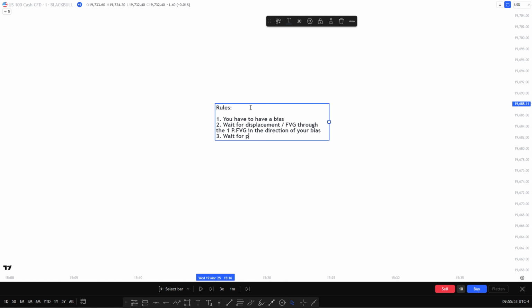Third, wait for price to return to the first presented fair value gap and fail to close it completely on a candle close basis or candle body.